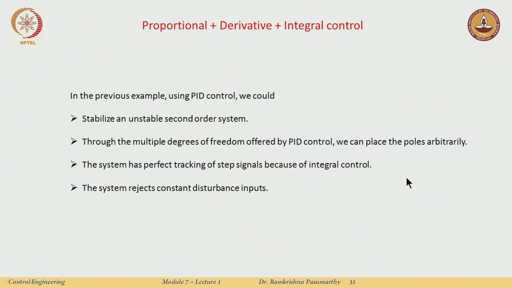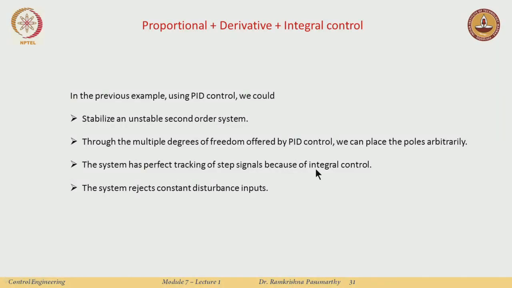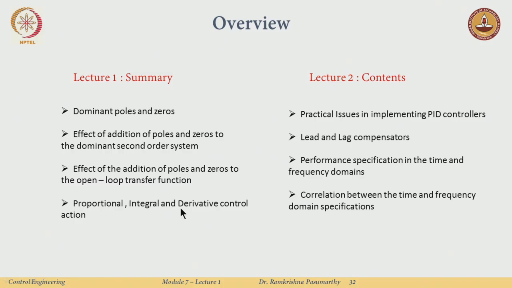I could choose my gains Kp and Kd appropriately so that I achieve those performance objectives. The system has perfect tracking because of the integral control, and integral control also rejects constant disturbance inputs, right.